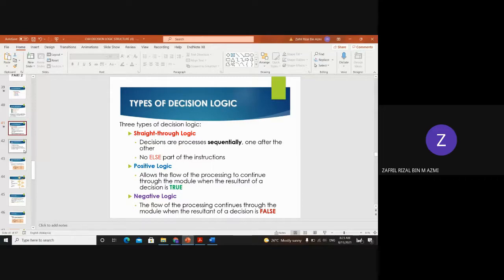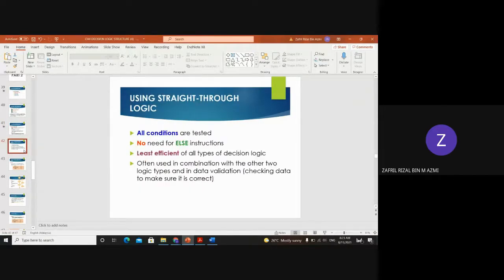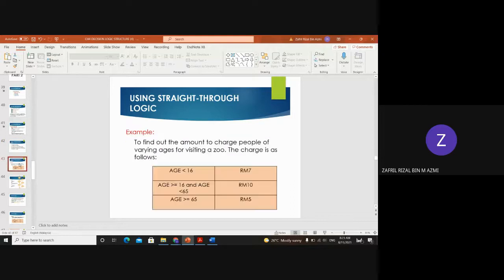For example, we have this problem. You need to calculate the fees for entering a zoo, so these are the conditions. So straight away we will know if you are using a standard decision, like we discussed last week.